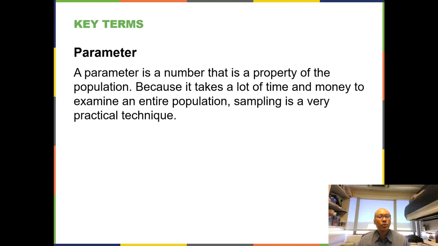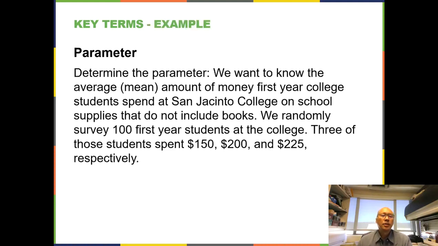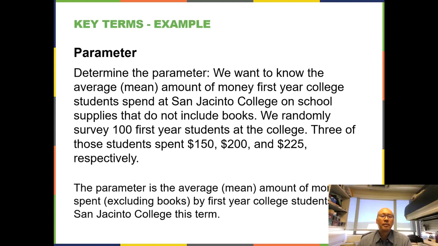And chances are we probably won't know that because we would be studying a sample, and the mean of the sample is not a parameter, it's called something else. So a lot of times the parameters are going to be our unknown variables, and then we're going to find information about them. So back to our example, the parameter would be the average of all the first-year students.